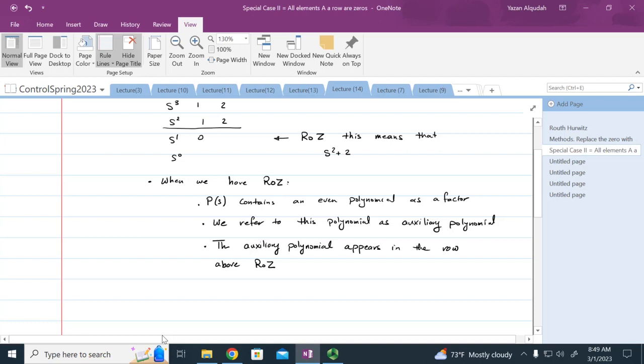Okay. So again, when we have a row of 0, the polynomial established from the row above it is a factor of the original polynomial.